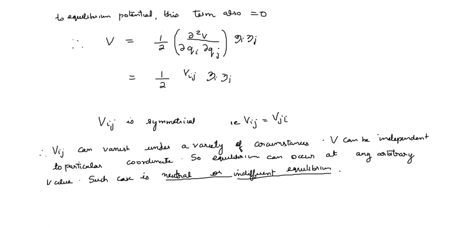Here vij, we denote dou square v by dou qi dou qj as vij. So this is equal to dou square v by dou qj dou qi. That is, this function vij is symmetric. vji is equal to vij.